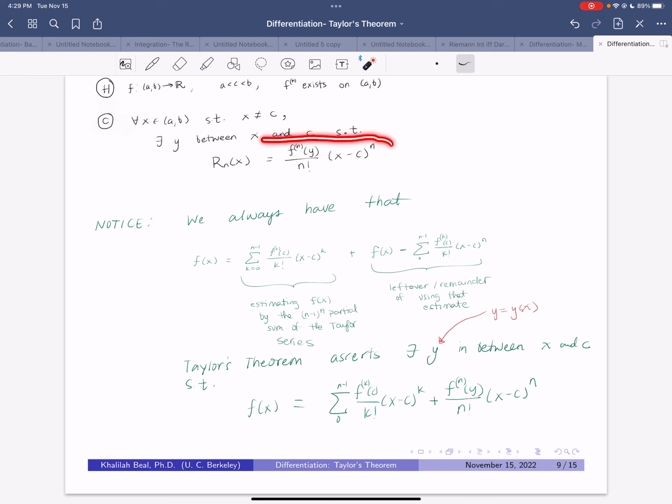So let's look at the statement of Taylor's theorem for n equals 1, okay?